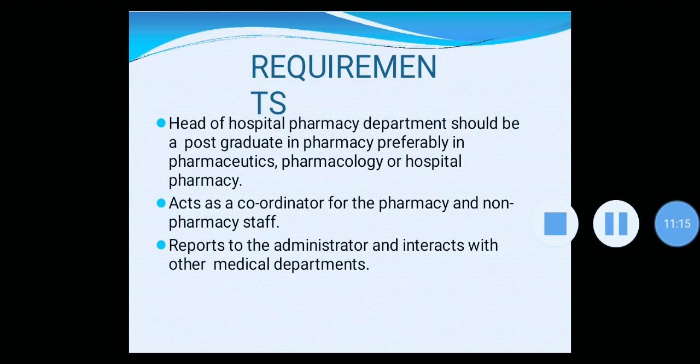It is a post-graduate person, a PG person should be required. Pharmaceutics, pharmacology, hospital pharmacy, pharmaceutical chemistry. Act as coordinator of pharmacy and non-pharmacy staff, report to the administration and interact with the other medical departments.